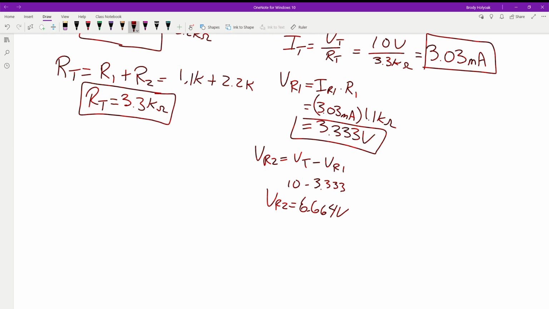Now, let's double check that. Make sure that's what it's supposed to be. Let's use our current to solve for it. So VR2, we're going to use the same formula, IR2 times R2, so the 3.03 milliamps multiplied by the 2.2 kilo ohms. What does that give us when we punch it into our calculators?